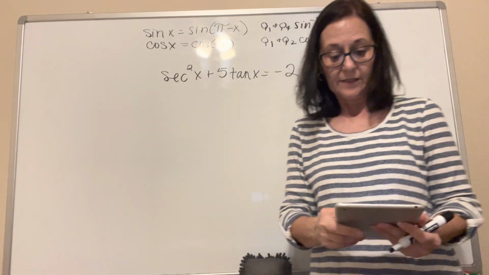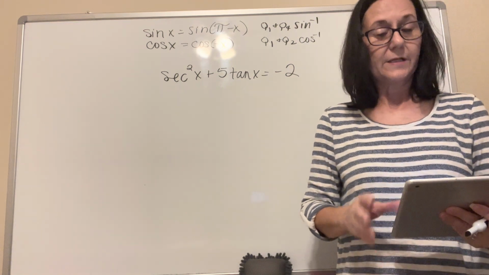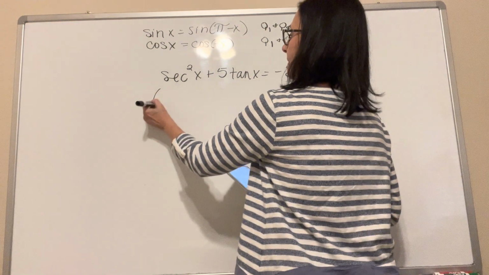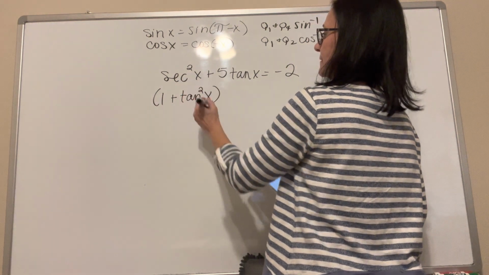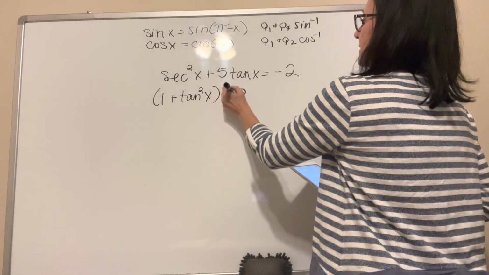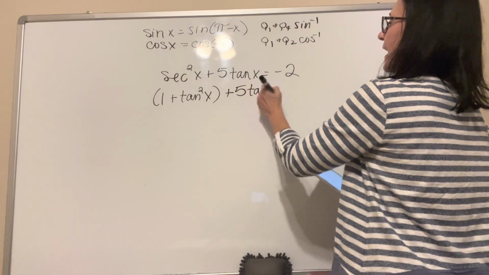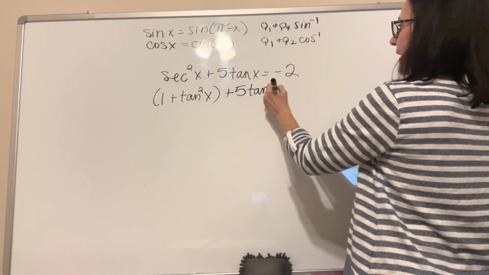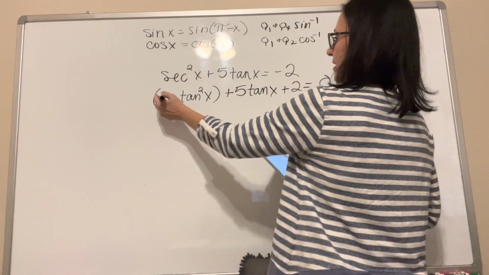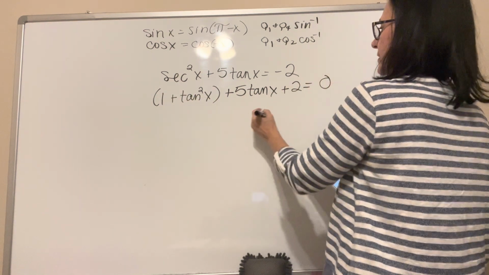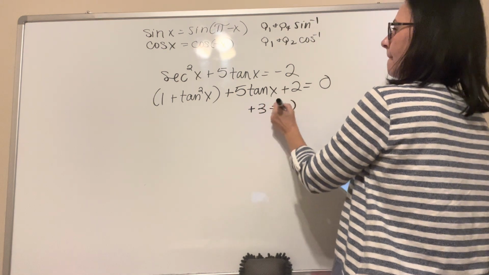So for secant squared x, I'm going to substitute in 1 plus tan squared x plus 5 tan x. I'm going to move that 2 over, so I'm going to add the 2, set it equal to 0. I'm going to combine like terms. 1 and 2 is plus 3.